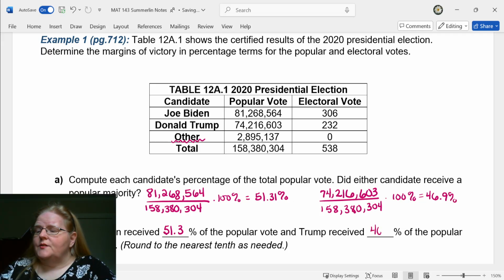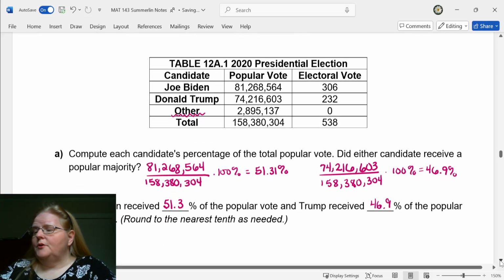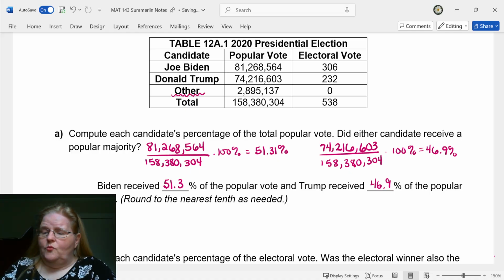So we get 46.9% of the popular vote. They want to know, did either candidate receive a popular majority? Popular majority means they made 50% or more. Yes. Joe Biden got popular majority.